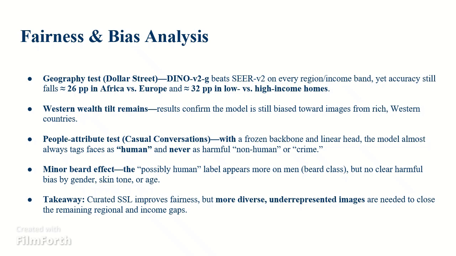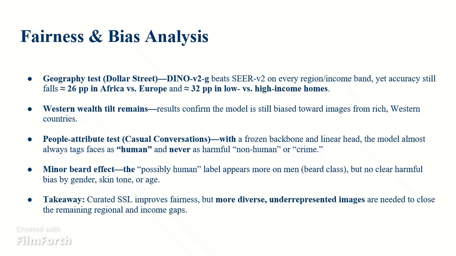Now shifting to the people attribute test using the Casual Conversations dataset, look here that almost all faces, regardless of gender, skin tone or age, are tagged as human. That's the dominant color in the table. Harmful labels like non-human or crime are almost never assigned.